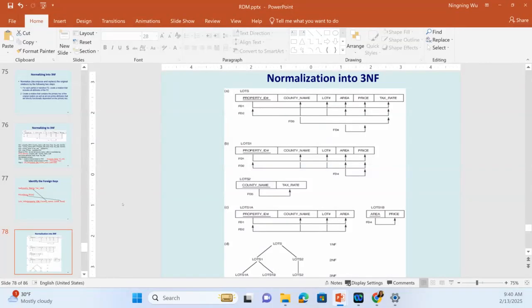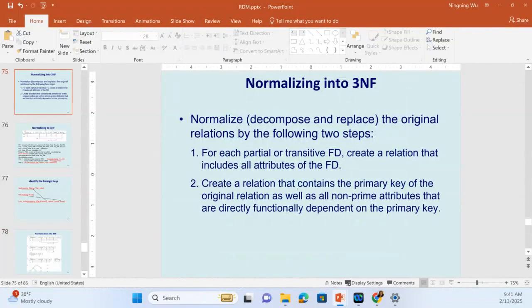As long as a relation schema is not in 3NF, we don't care if that relation schema is in 1NF or 2NF, but as long as it's not in 3NF, we always follow this one-step normalization process. It means that we pick out all partial and transitive functional dependencies, because those indicate the design is not good.